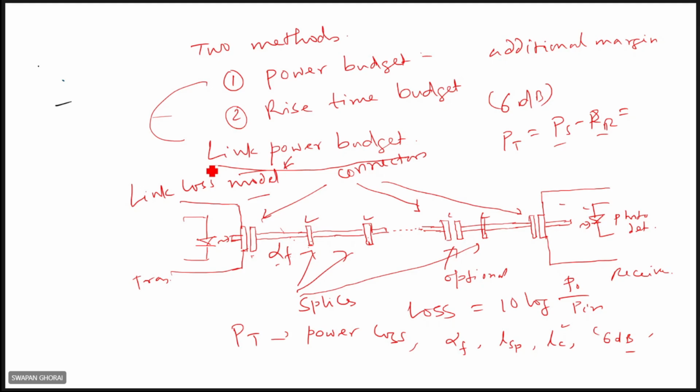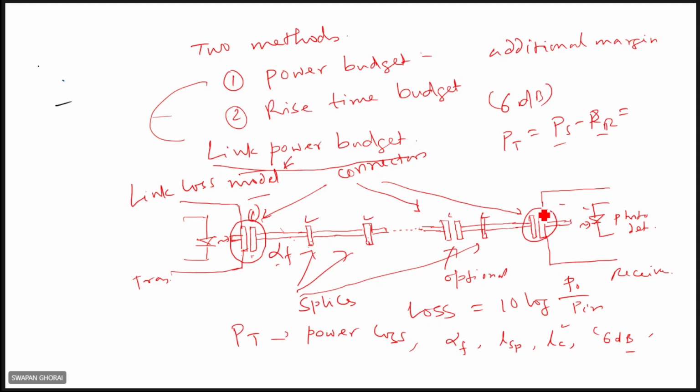In the link loss models, it considers the total losses in the system. Say this is the transmitter side source. Next, there will be a connector. One connector is here and another connector is here on the detector side. These two connectors must be there.